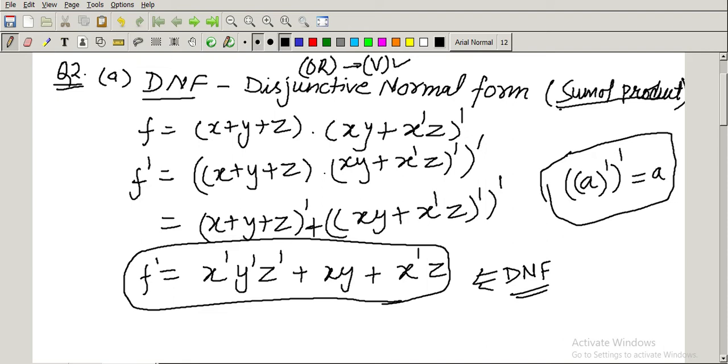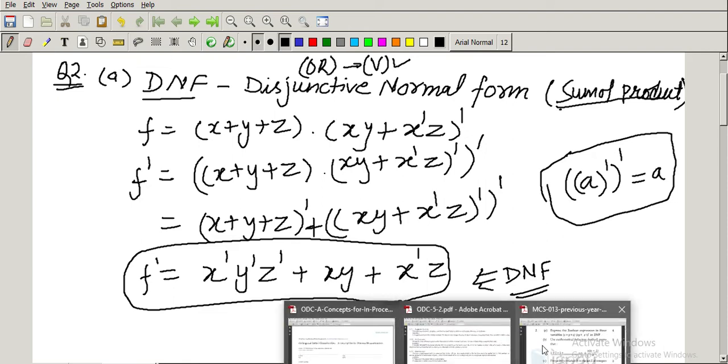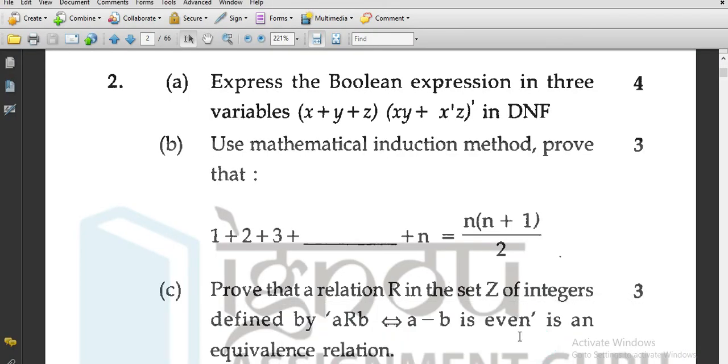So next question is your induction, right? Proof by induction. So it's very easy. Use mathematical induction method. Prove that 1 plus 2 plus 3 up to n is n(n plus 1)/2. So we have to prove that.